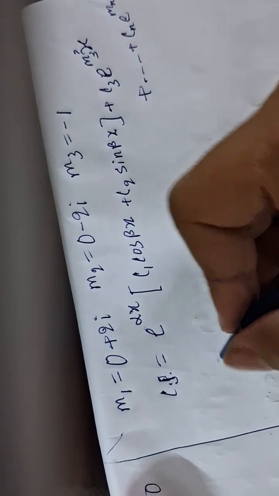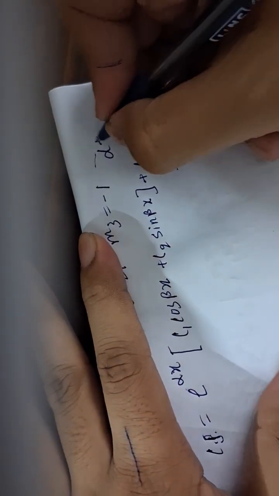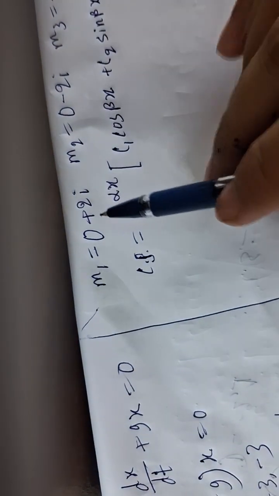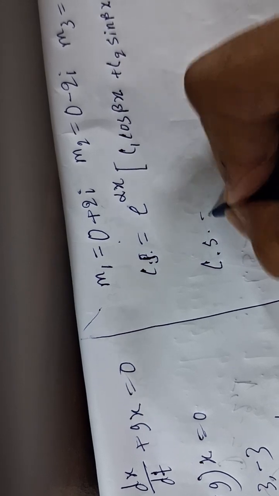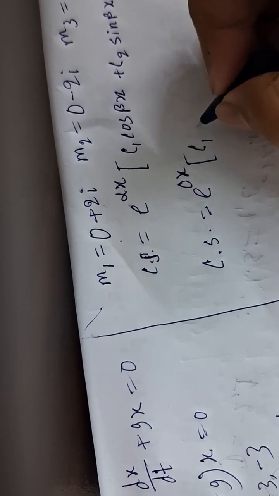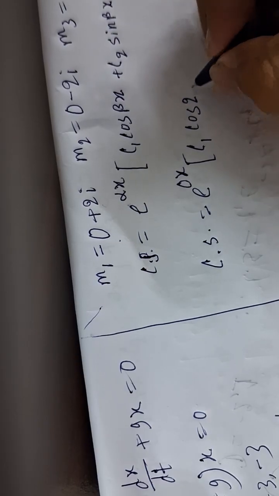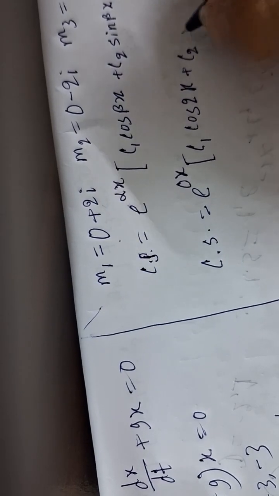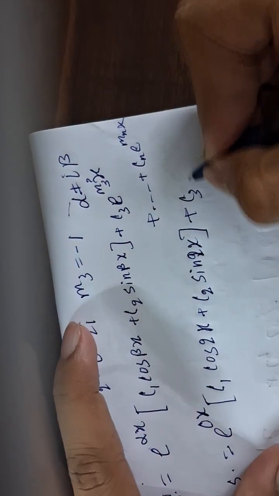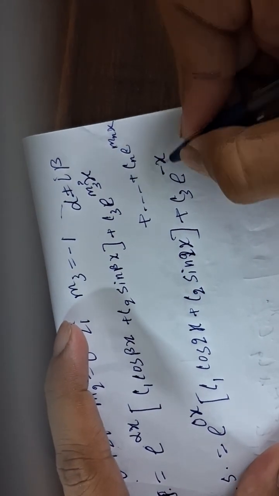When the complex roots are alpha plus minus i beta, here beta is 2 and alpha is 0. So what we will write is the complete solution as e to the power 0x (c1 cos of 2x plus c2 sine of 2x) plus c3 e to the power minus x, as m3 is minus 1.